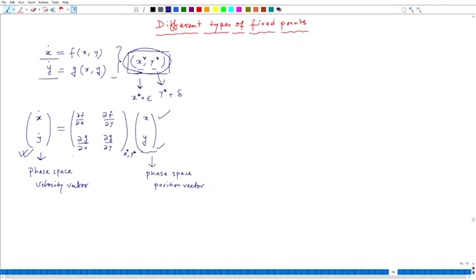Now, we said that this matrix will have two eigenvalues, lambda 1 and lambda 2, which can be real or complex.